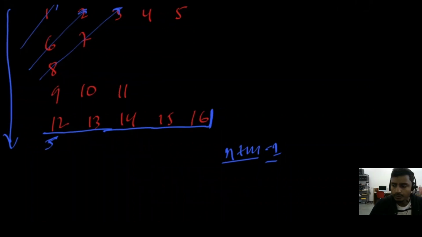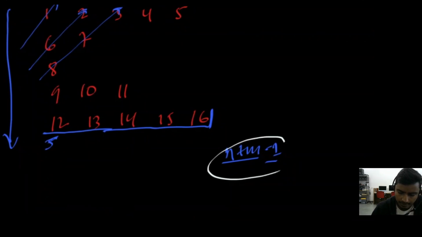So we will create a vector of size n plus m minus 1. This vector will contain these elements diagonally.